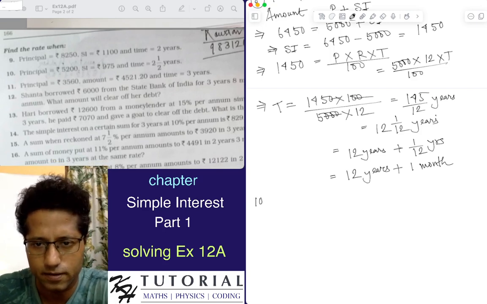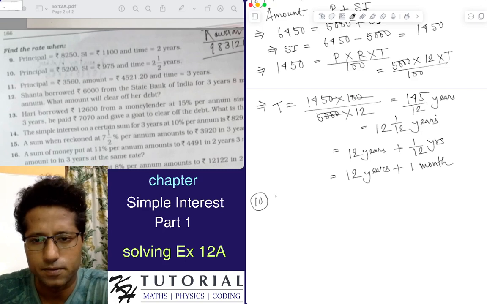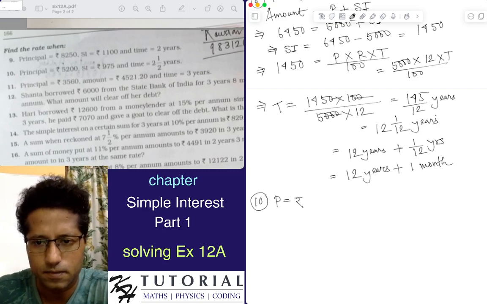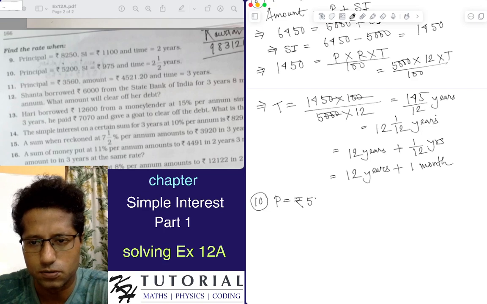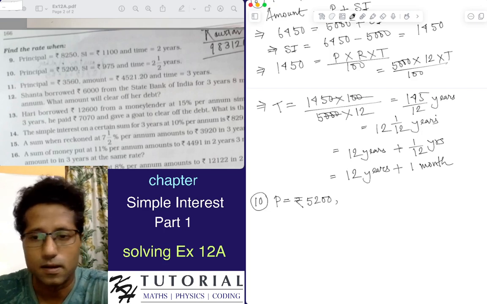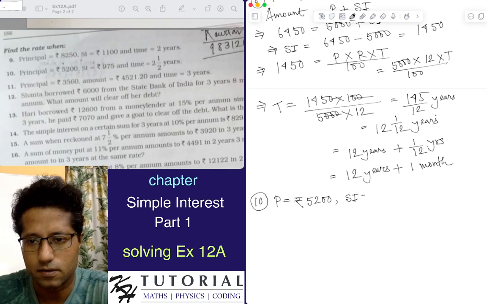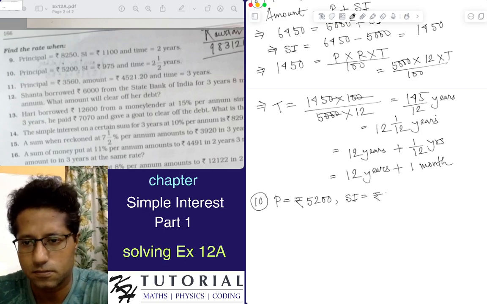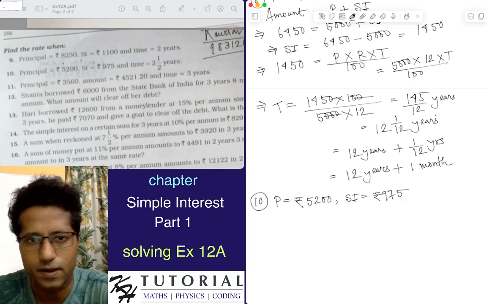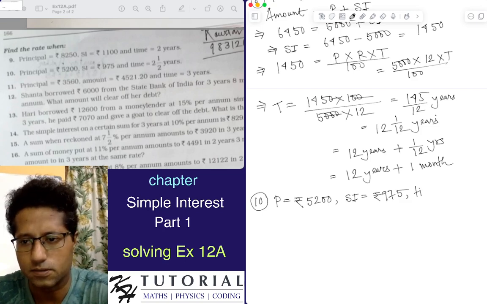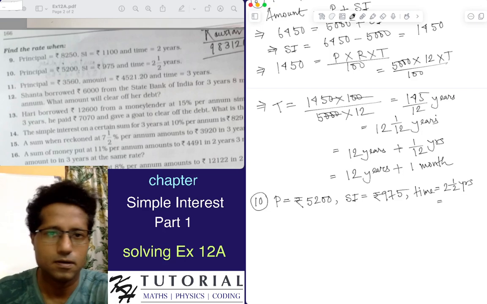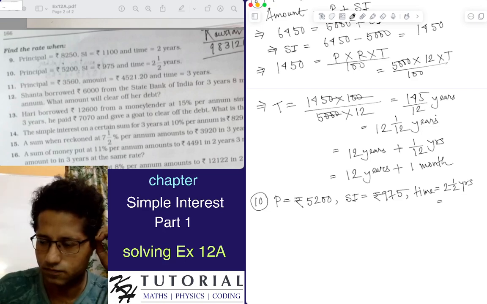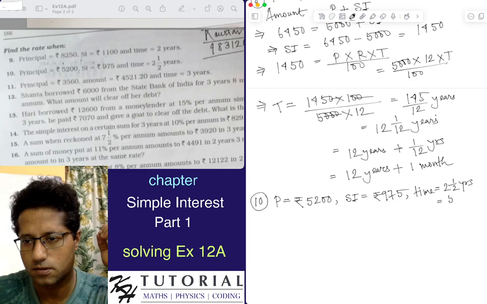It is asking to find rate when principal is given to be 5200 and SI, simple interest, is given to be rupees 975 and time is given to be 2.5 years. Always convert time, if it is in mixed fraction, into an improper fraction. So this is 5 by 2 years.